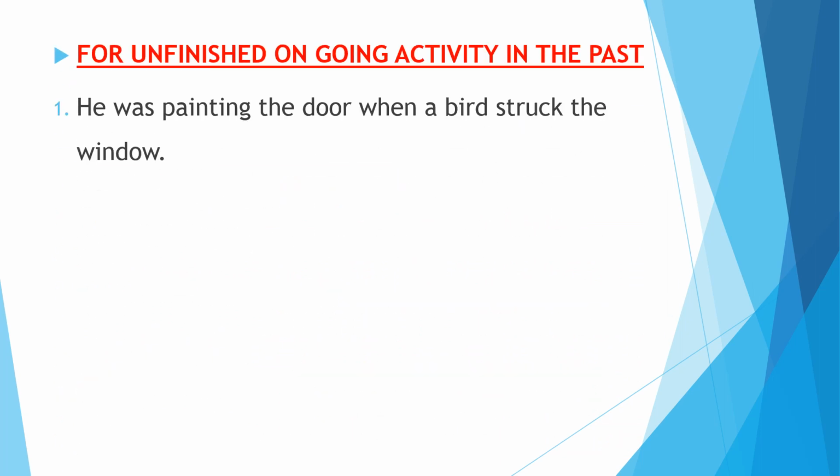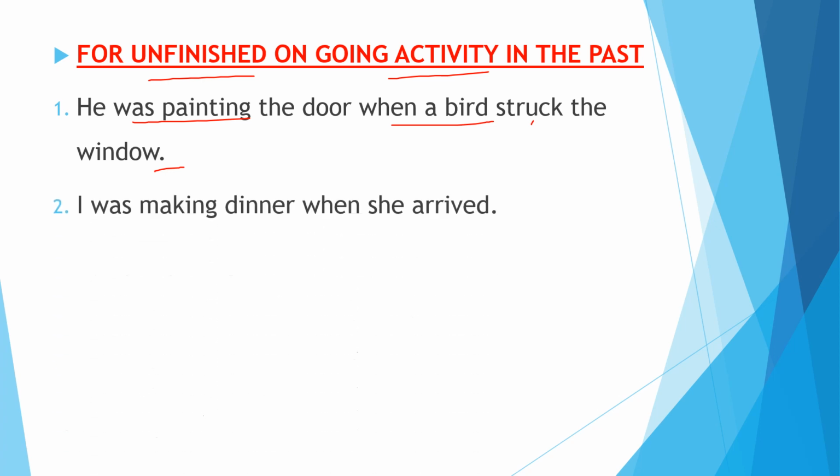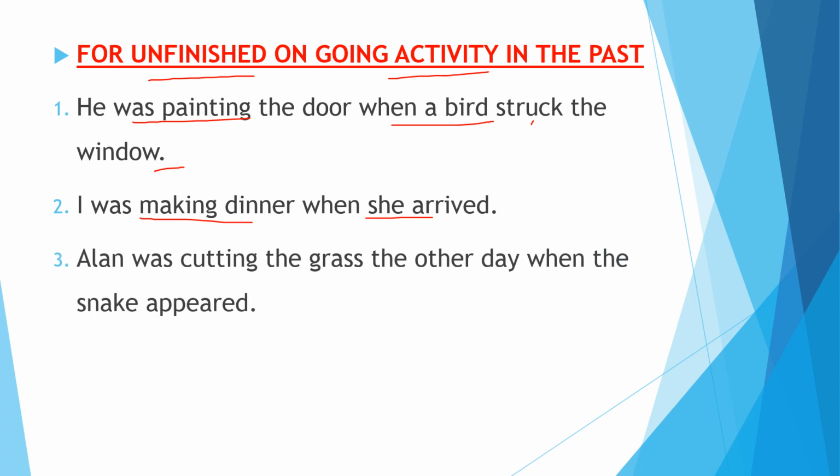About the uses: for unfinished ongoing activity in the past. He was painting the door when a bird struck the window. Unfinished. So all of a sudden what happened? The bird struck the window and he might have stopped painting the door. So he got interrupted. I was making dinner when she arrived. So I was making dinner, and at that time she arrived.